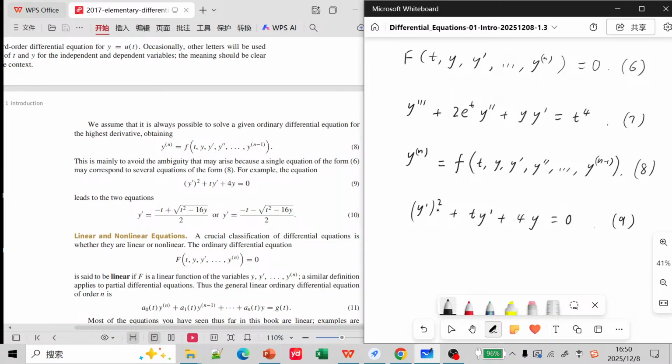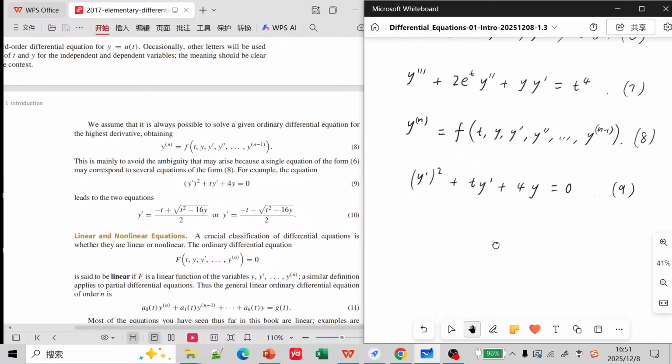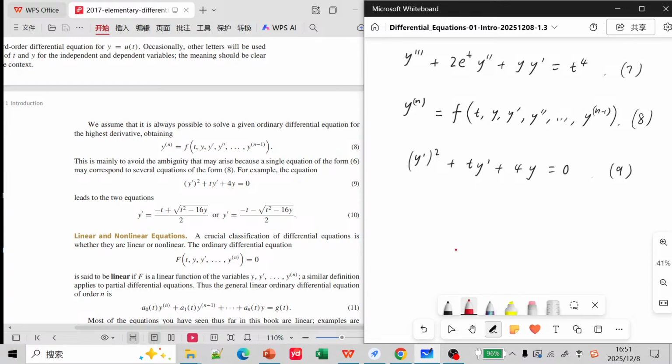This equation 9 leads to two equations for y'. If we let z = y', we get z² + tz + 4y = 0.